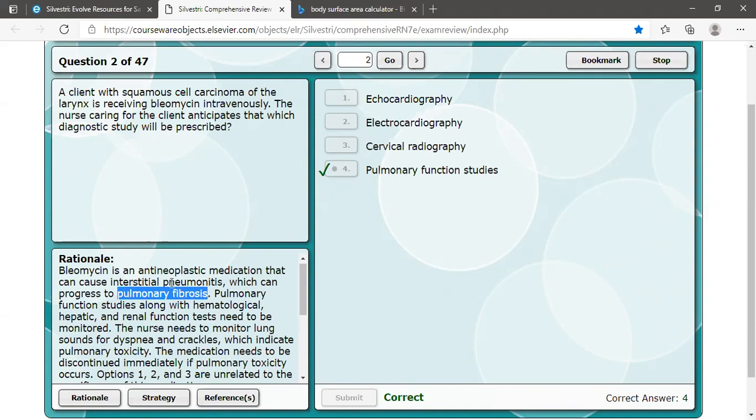So when you check your patient, auscultate their lungs for any added sound, or if the patient complains of shortness of breath, we have to evaluate it. At the same time, we need to check liver function tests and renal function tests. So monitoring is important.